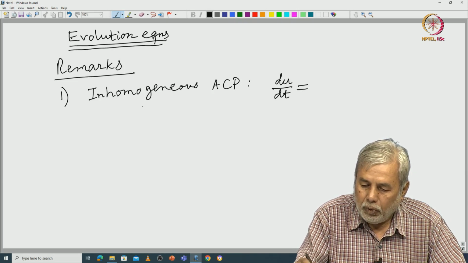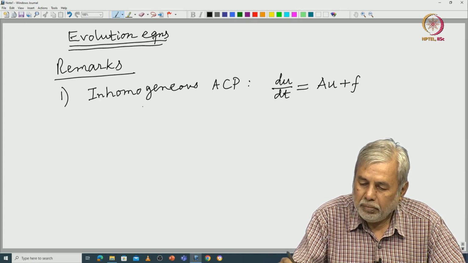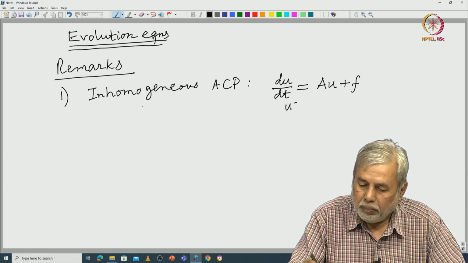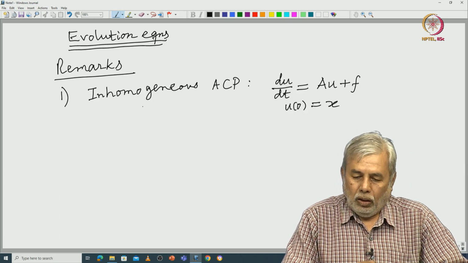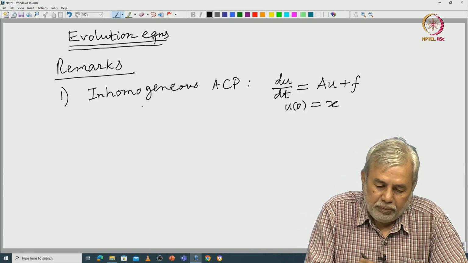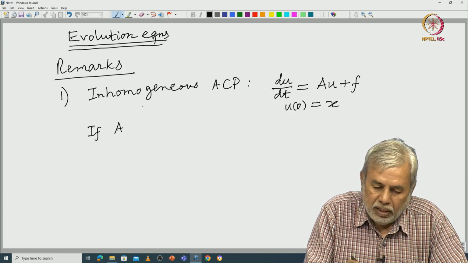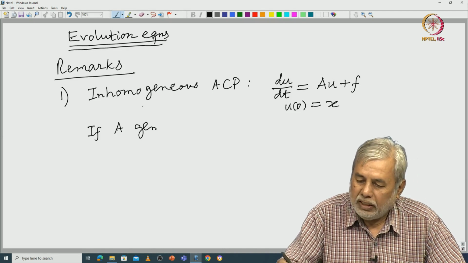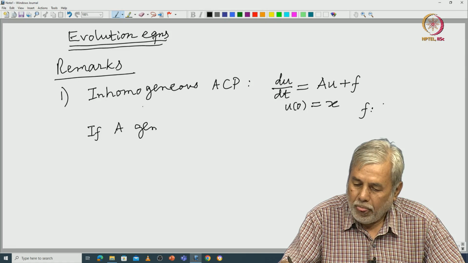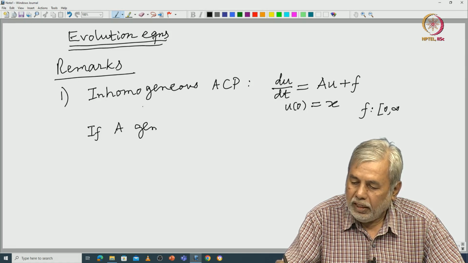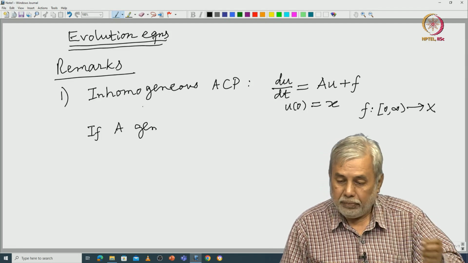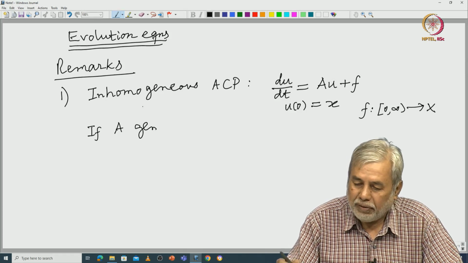So, now we are adding an inhomogeneous term and U0 is in X. So, if A generates a strongly continuous semigroup, so now this F is from 0 to infinity into the Banach space. Okay. So, with suitable conditions on continuity, differentiability, whatever is needed.